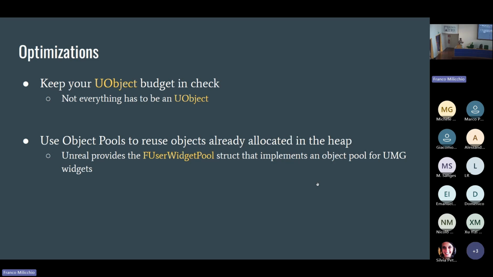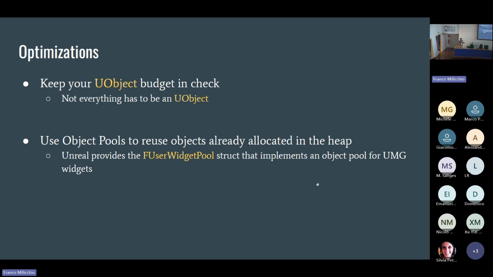Think about having your player opening a menu multiple times in a very short span of time. If you do that, you are going to allocate thousands and thousands of objects. And eventually, when the GC runs, you will have all these objects that are no longer used because every batch was a menu opening.